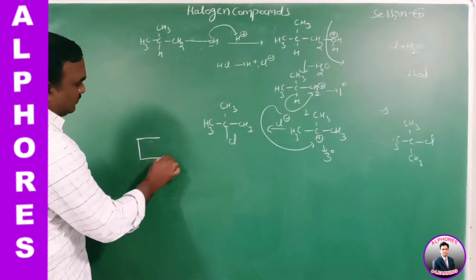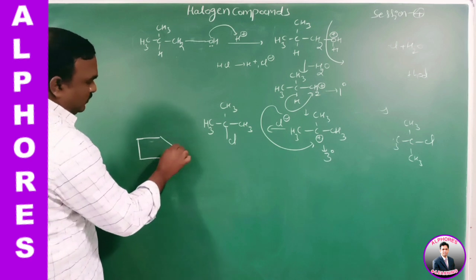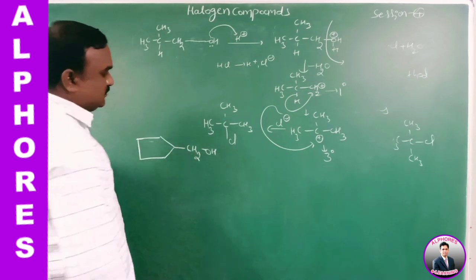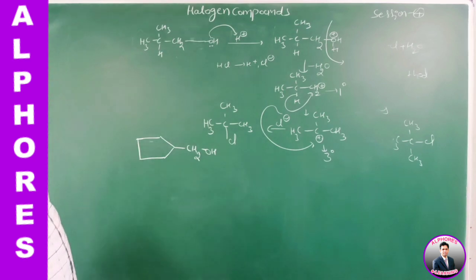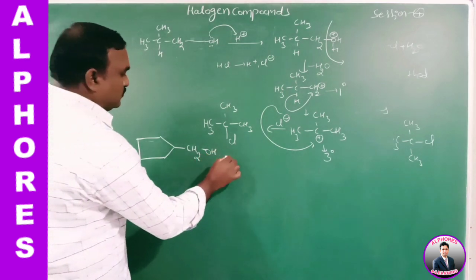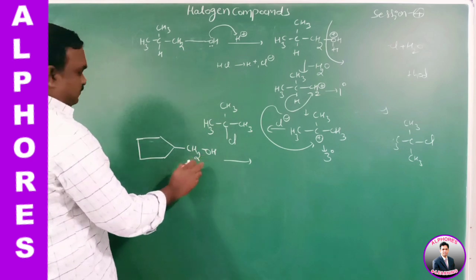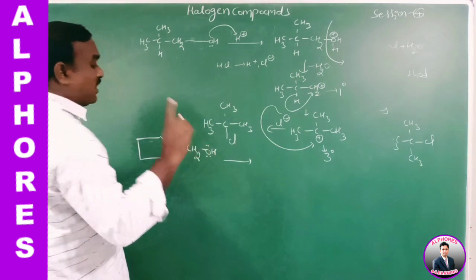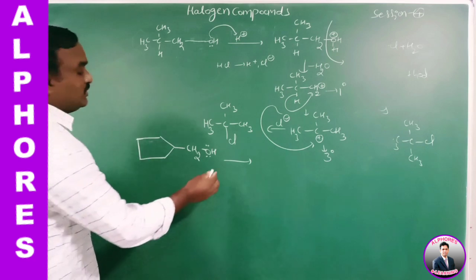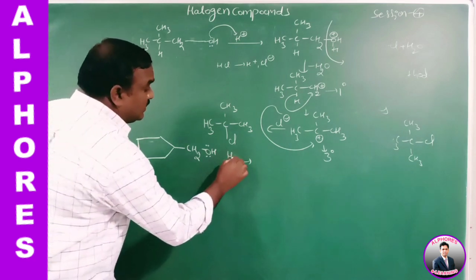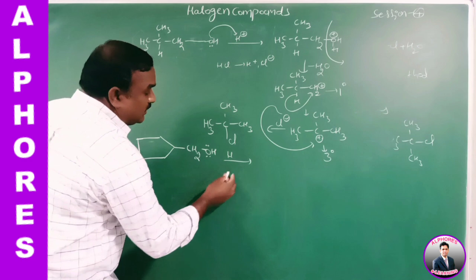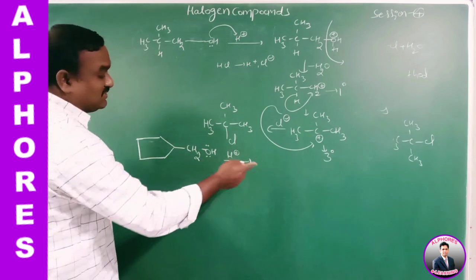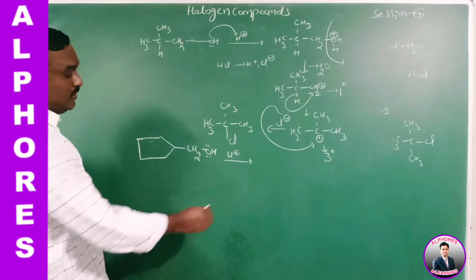For example, here a cyclic compound is given, with a CH2OH group. The given compound is a primary compound. Again it reacts with HCl, where H plus is the electrophile and Cl minus is the nucleophile.